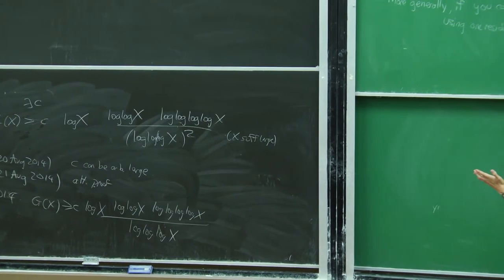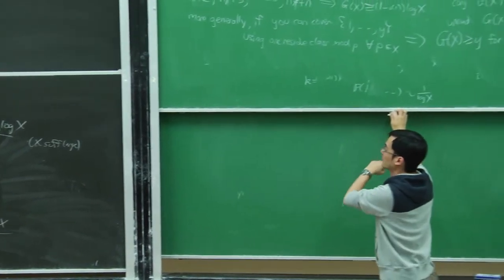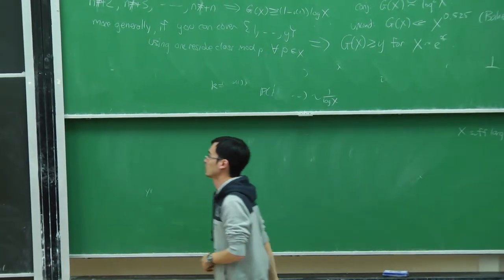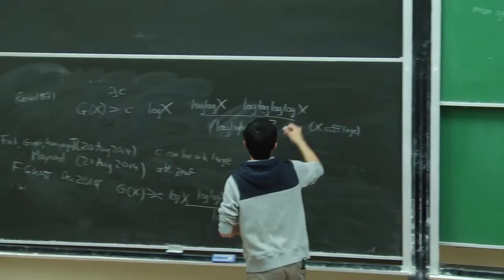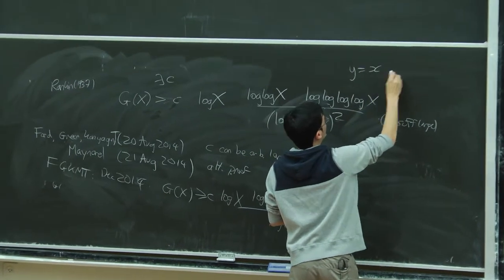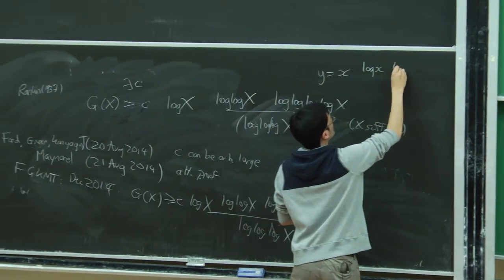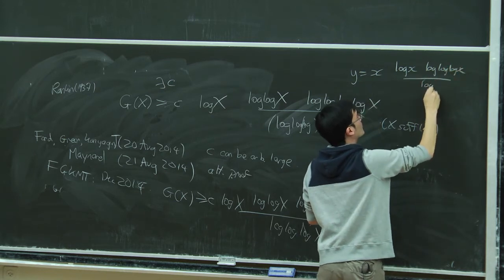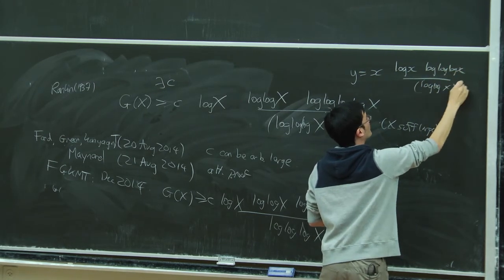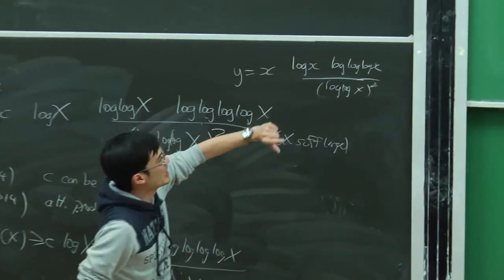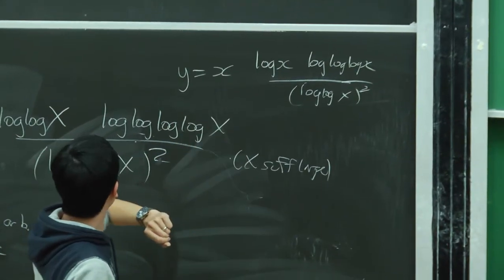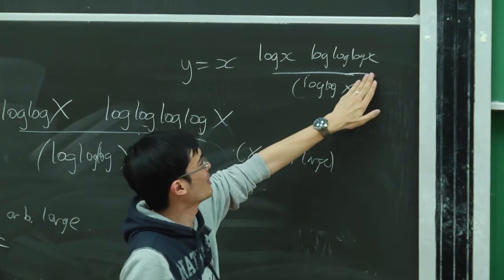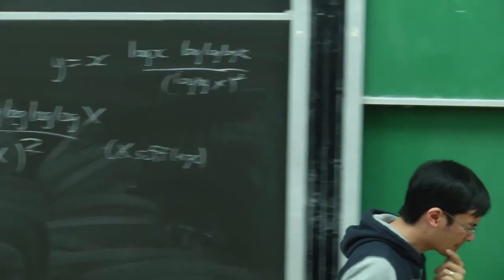The bigger you can make y as a function of x, the more you can do here. What Rankin did was take y just a little bit bigger than x. The y that he could get was of this shape, and we were eventually able to get rid of one of these log x's.